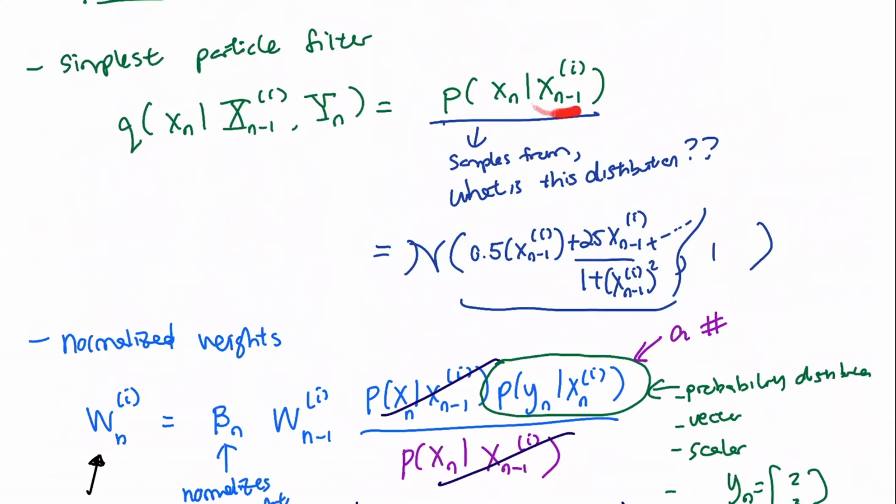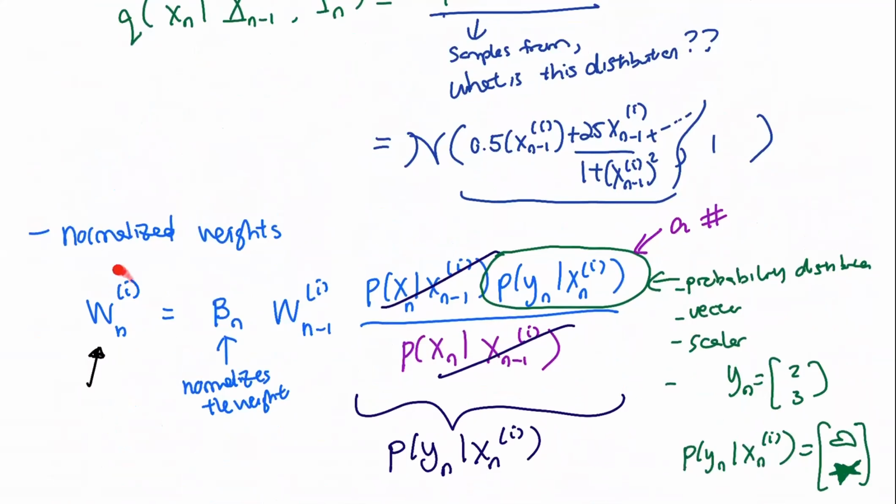The confusion might be that the sample I generate could be a vector, it doesn't have to be a number. But associated with every sample is this numerical weight, so that has to be a number. That means every single term in here has to be a number.